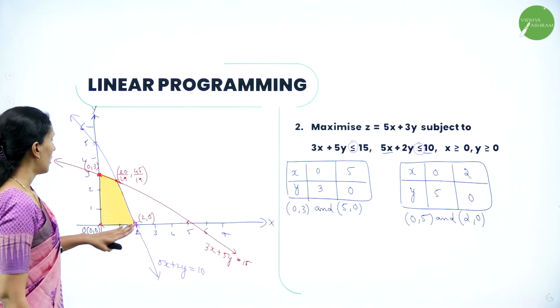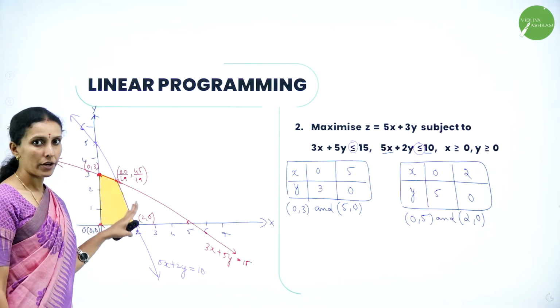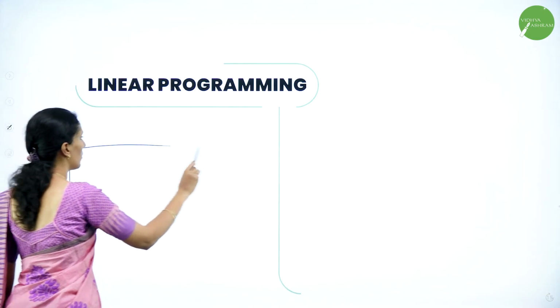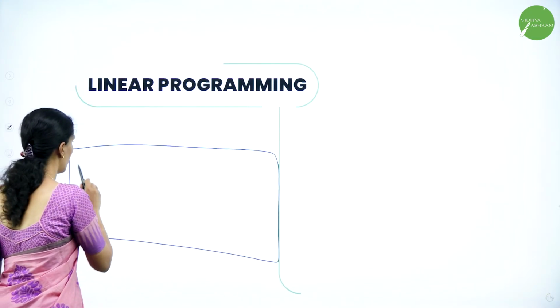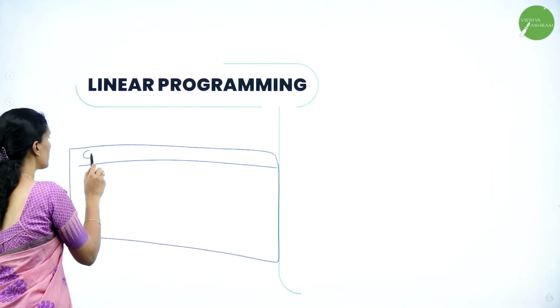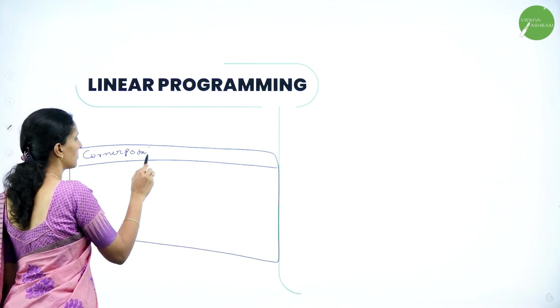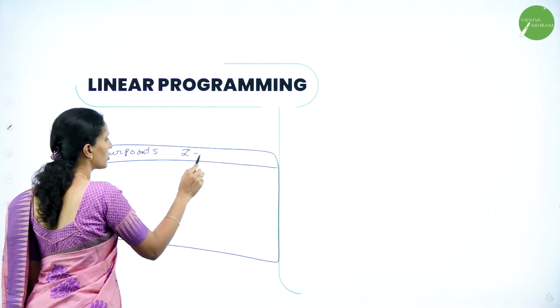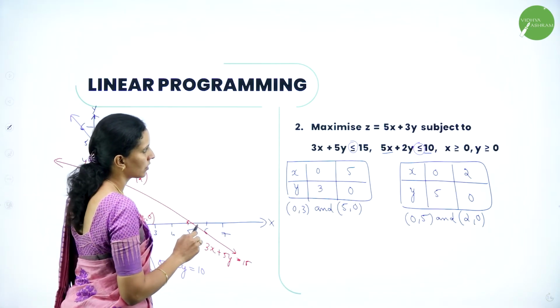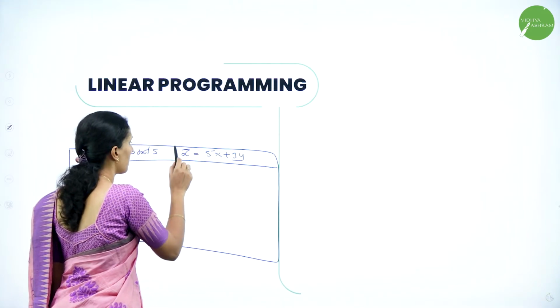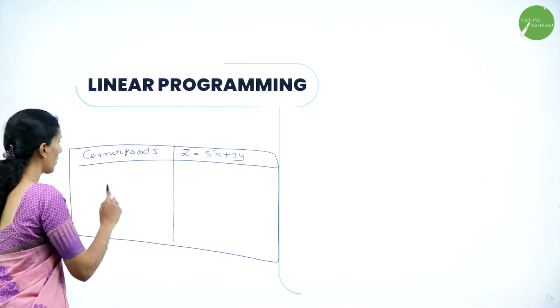Now let's use these corner points in the corner point table. Let's draw a table here, the corner point table. I'm using corner points, and here we have the equation z is equal to 5x plus 3y. Let's write the corner points.